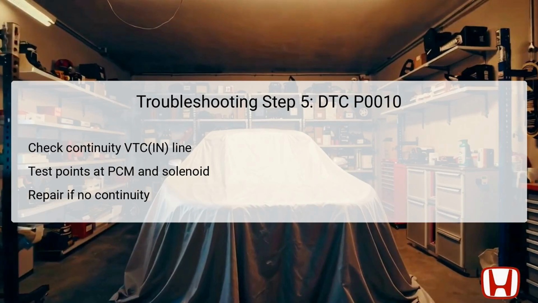You will check continuity between the first female terminal of the solenoid's connector and terminal number 64 of the PCM. A successful continuity test indicates that the VTC in wire is functioning as required, and you can look into service information related to DTC troubleshooting or substitute a known good PCM if issues persist.